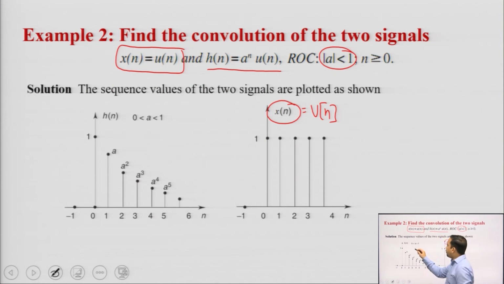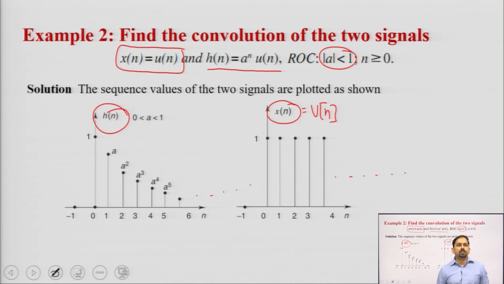We need to perform the convolution of h[n] and x[n]. How can we start performing this? Both signals have an infinite number of points to the right, so the output also has an infinite number of terms. How can we solve this?